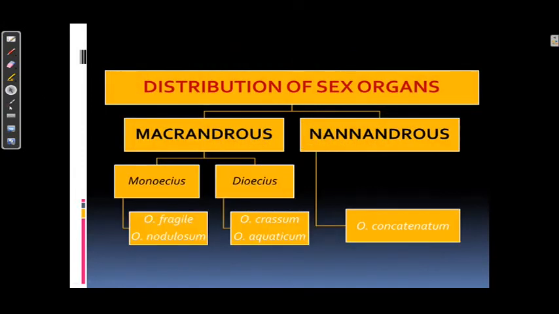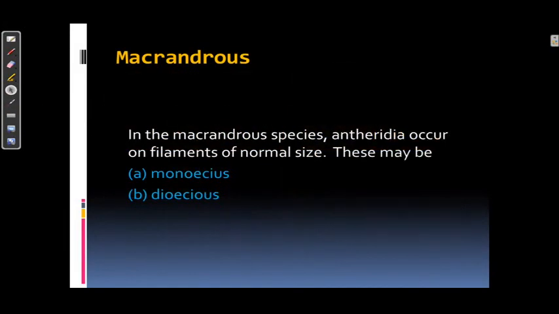As I said, depending upon the distribution of sex organs, the species of Oedogonium are divided into two categories, macrandrous species and nannandrous species. So let's know what is macrandrous species.